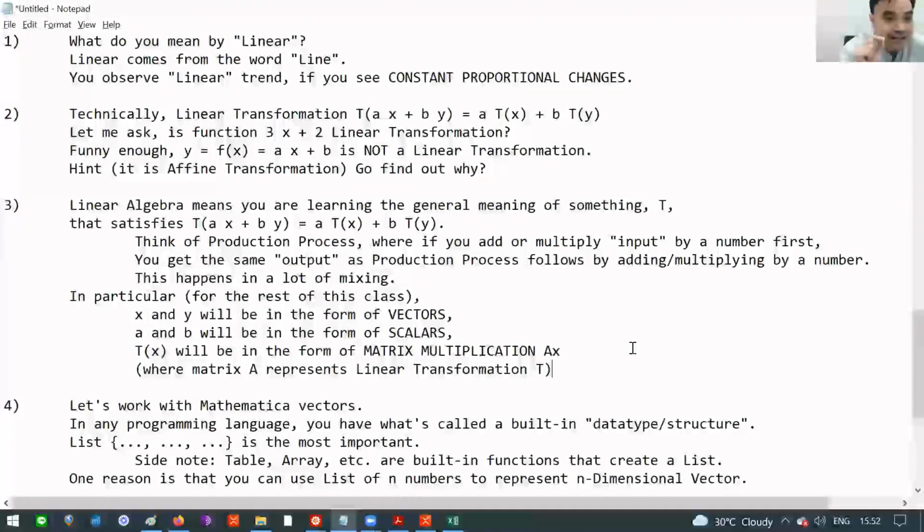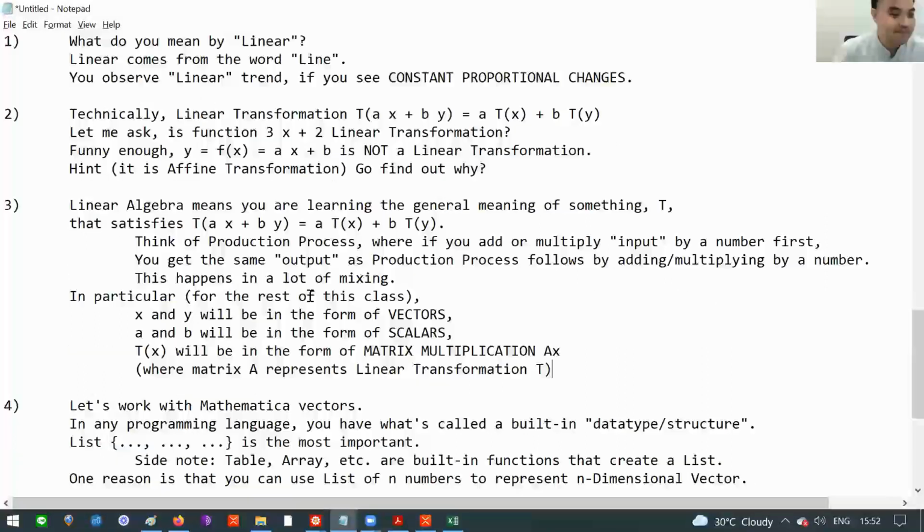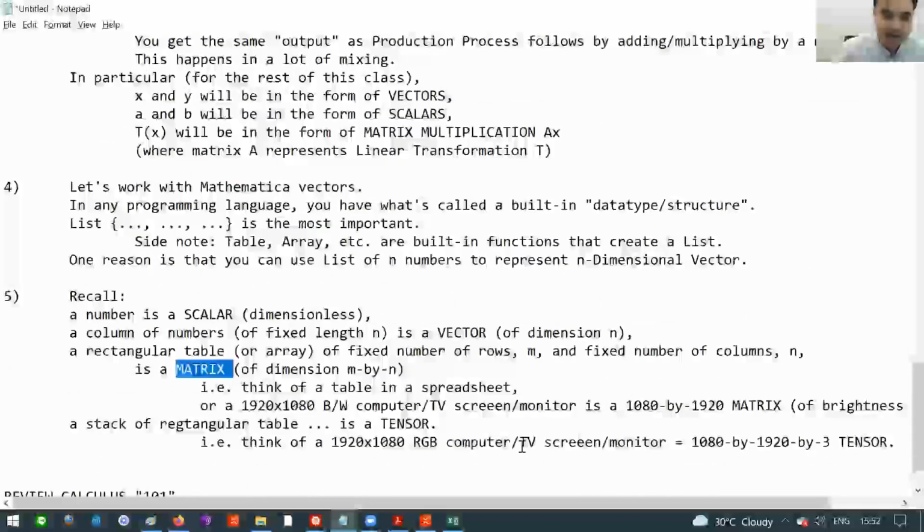Those are lists of numbers, and therefore the most common, most basic form of things to work with will be vector. But vector is just this kind of structure. Below it, there is scalar. Above vector, there is matrix. And above matrix, there is tensor.